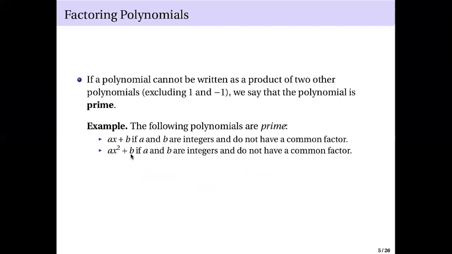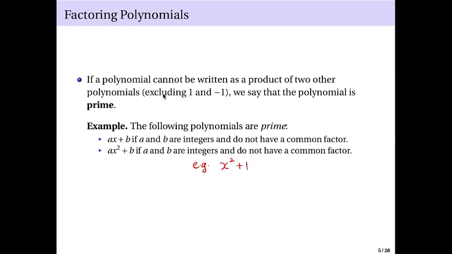Also, ax squared plus b, this is also prime if a and b are integers and do not have a common factor. For example, in here, x squared plus 1, this is prime. You have a equals 1, b equals 1, okay?